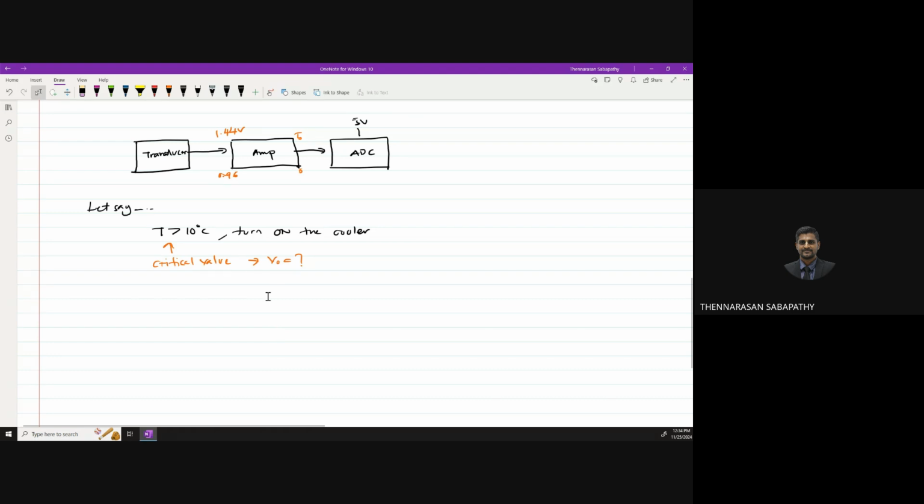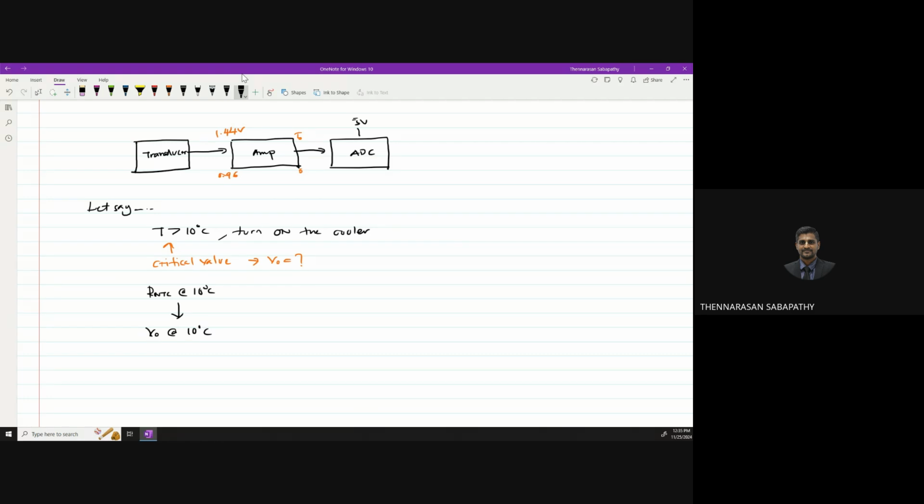So you have to follow the same process. Find R NTC at 10 degrees Celsius first, then V out at 10 degrees Celsius.